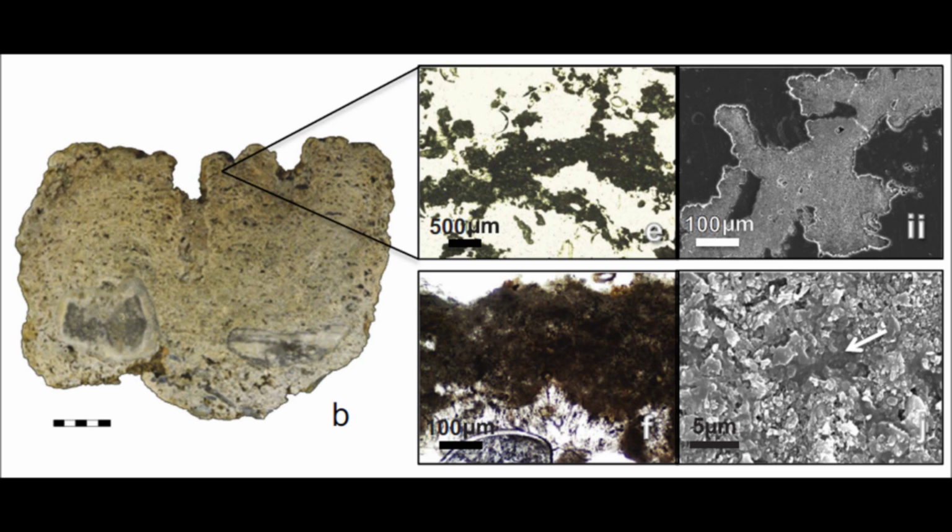So within Hamlin Pool, we have a lot of different microbial communities, and we have a lot of different processes that are generating cement that's building stromatolites.